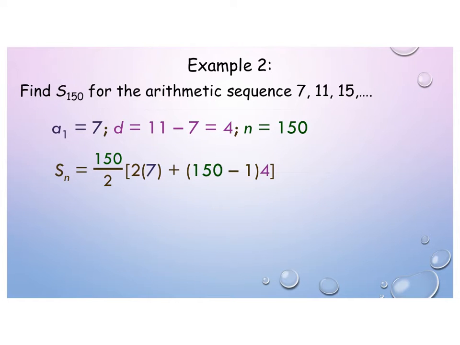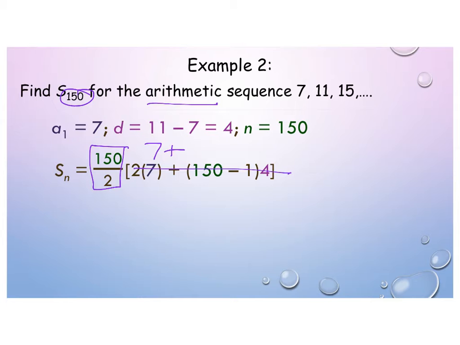All right, find S sub 150 for the arithmetic sequence. S sub 150 means the sum of the first 150 terms. Okay, so it's an arithmetic sequence, so we take the number of terms, 150, divided by 2. And then it's going to be the first term plus the last term.